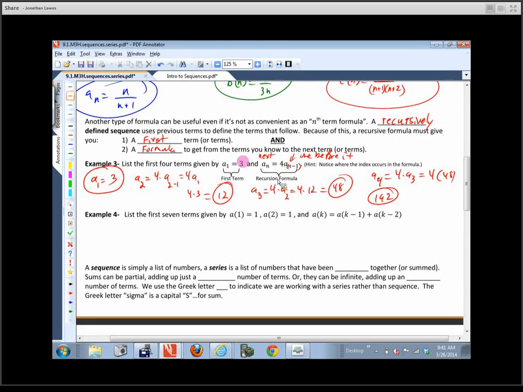So this is kind of an ugly way of just writing down a pattern where every time we multiply by 4. Take 3, multiply by 4, you get 12. Multiply by 4, you get 48. Multiply by 4, you get 192. Multiply by 4, you get 768 or something like that. Everybody good?